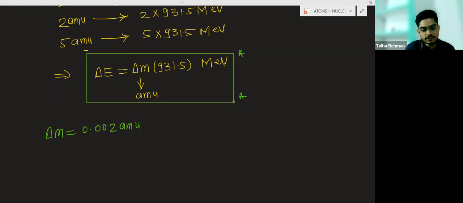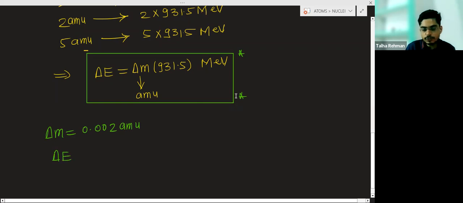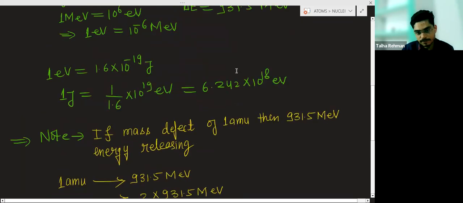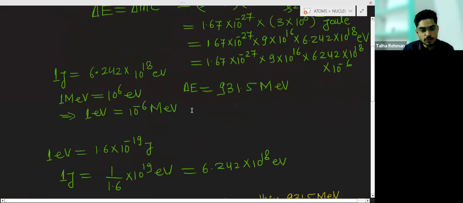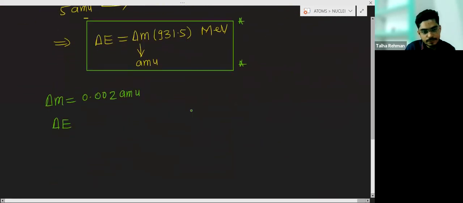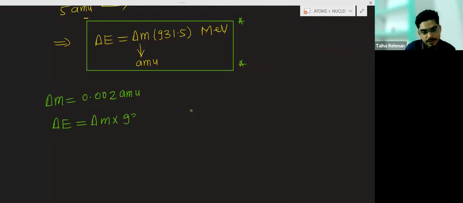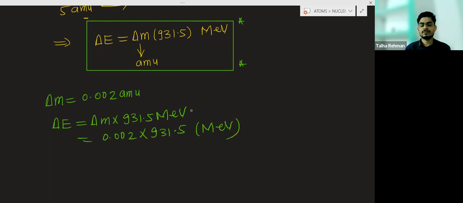So how much energy will be released? You will not do that question in this way. You will write this formula: delta E is equal to delta M multiplied by 931.5 mega electron volt. Delta M is 0.002 multiplied by 931.5, and you will get the answer in mega electron volt. Finish.